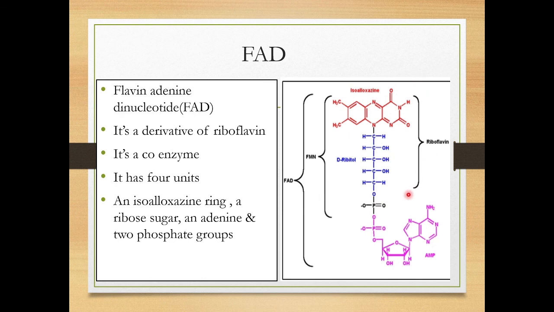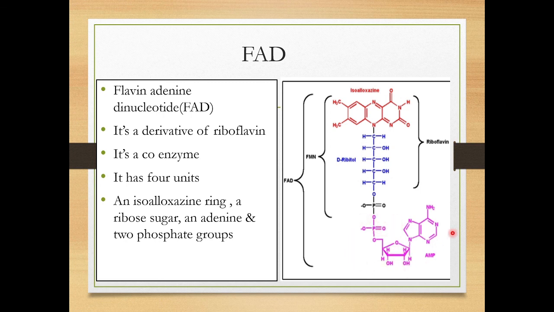So this structure is commonly known as FMN, flavin mononucleotide, but it's not a true nucleotide because of the absence of a nitrogen base. This riboflavin is linked to adenosine monophosphate, which has a nitrogen base, adenine, as well as phosphate and ribose sugar.